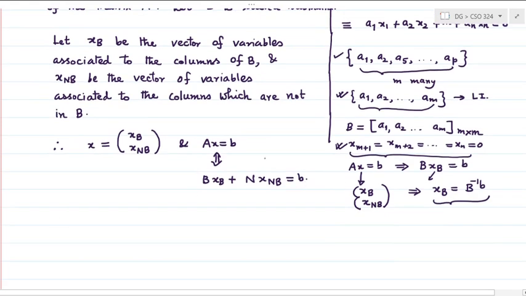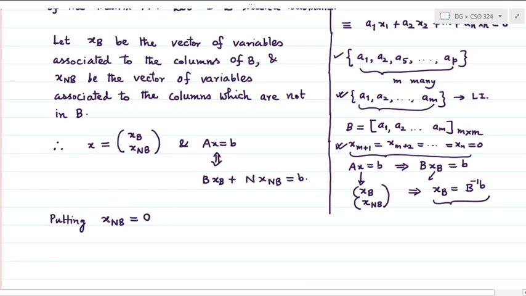Now putting xNB equal to the 0 vector, can you all try to think what is the dimension of the 0 vector?